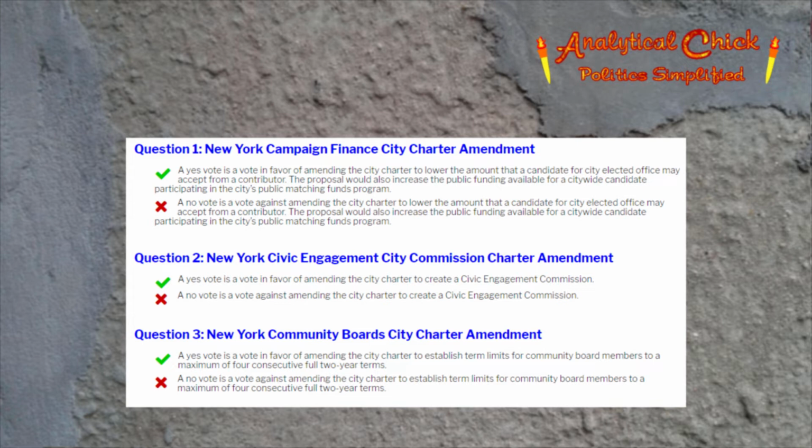The third one, that the other Nicole was undecided on, is about a volunteer position, like community board member or something like that. They get appointed, and the initiative is to have term limits.